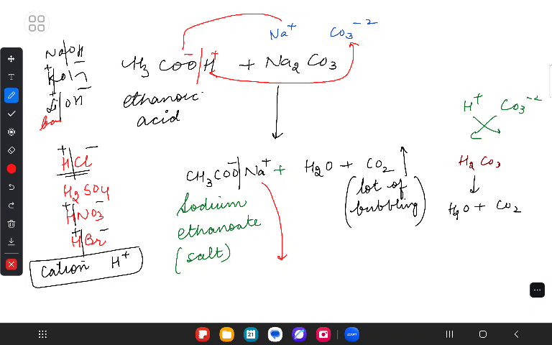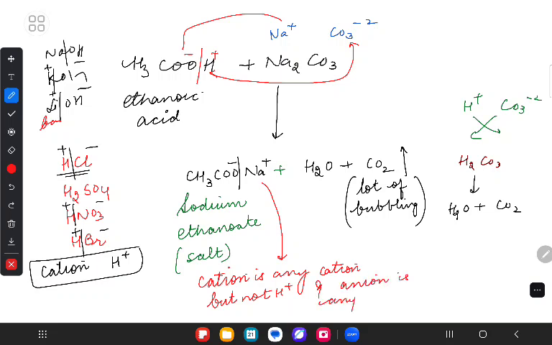Whenever the cation is any cation but not H plus, and the anion is any anion but not OH negative, that compound is a salt.